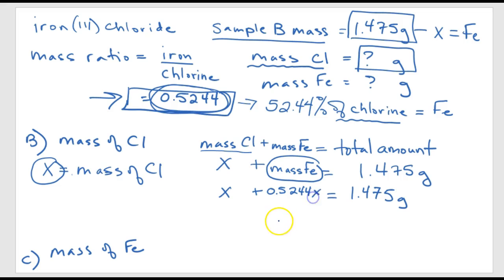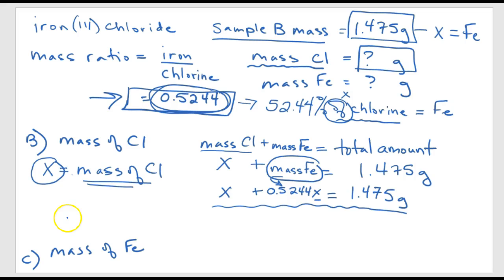And that's of x, which is always translated as the operation multiply. So my mass ratio is going to give me my iron mass when I multiply it by the mass of my chlorine. So that's what this is equal to, 0.5244 times x. Now I'm going to solve for x, and when I solve for x, that's going to give me my mass of my chlorine.